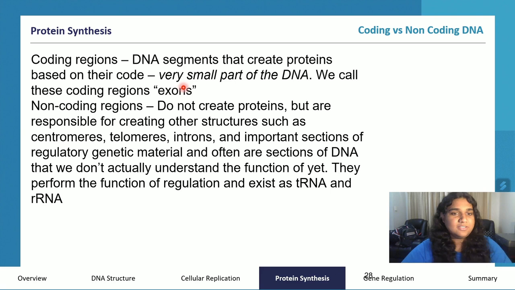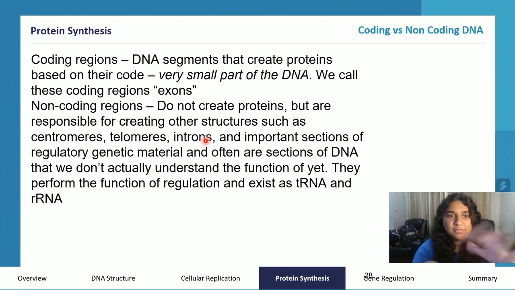Every other aspect of the DNA is enclosed in a non-coding region. These are regions of DNA that don't create proteins but are responsible for creating other structures like centromeres, telomeres, introns, which is the general term for non-coding regions, and important sections of regulatory genetic material, which are sections of DNA that we don't really understand the function of yet.